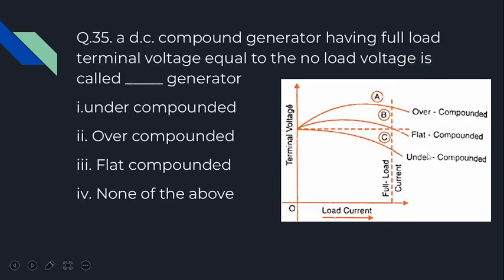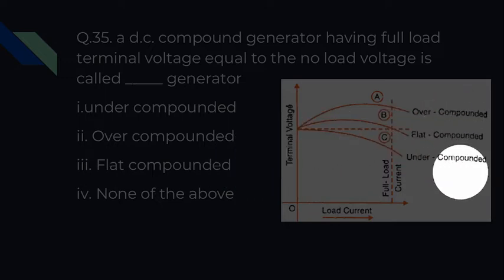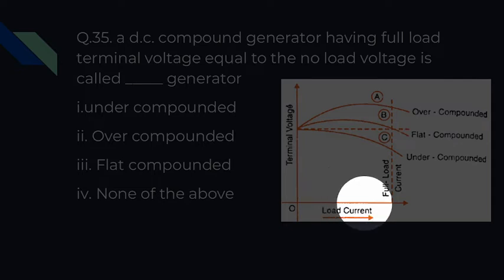Question number 35. A DC compound generator having full load terminal voltage equal to the no load voltage is called dash generator. Okay, they are talking about the compound generator here. A compound generator can be classified into 3 different types: over compounded, flat compounded and under compounded, and we name these according to the variation of the terminal voltage with respect to the current.